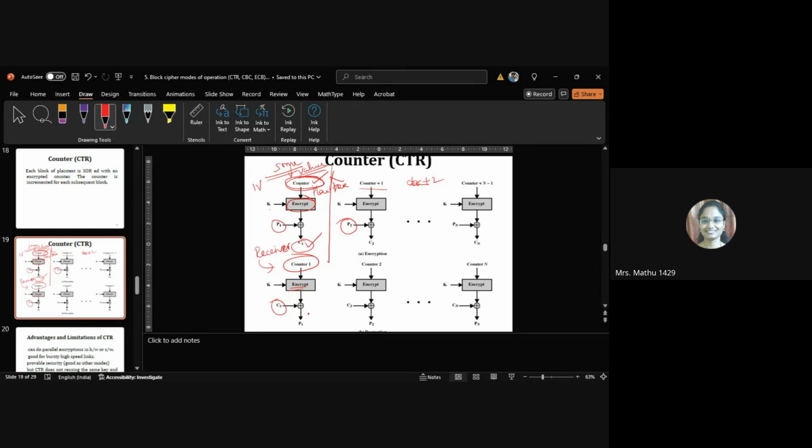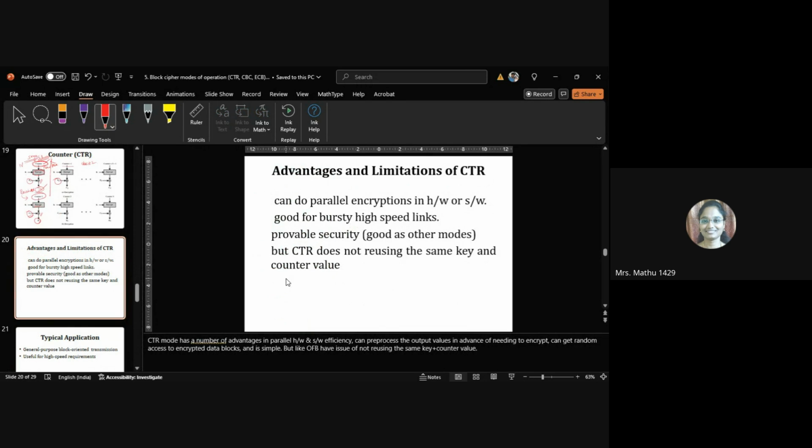So we are going to decrypt it and again XOR with the ciphertext. Here we are XORing with the plain text to get the ciphertext. Here we are XORing with the ciphertext to get the plain text. Okay, so this is what the counter mode is about. Now using this counter mode, you can do parallel encryptions.